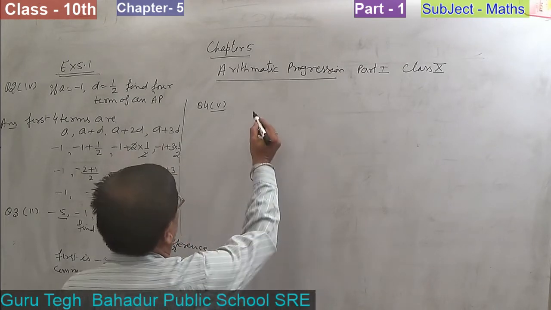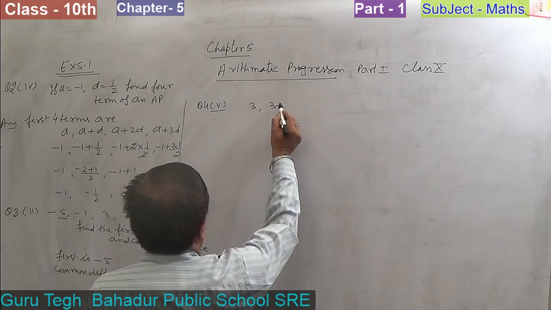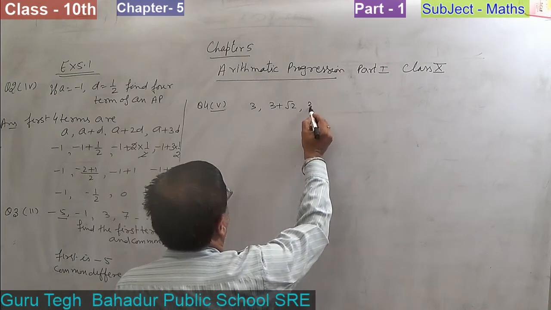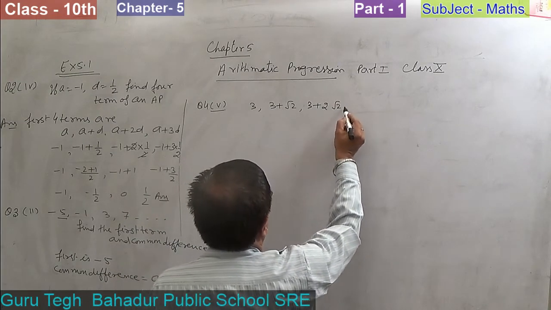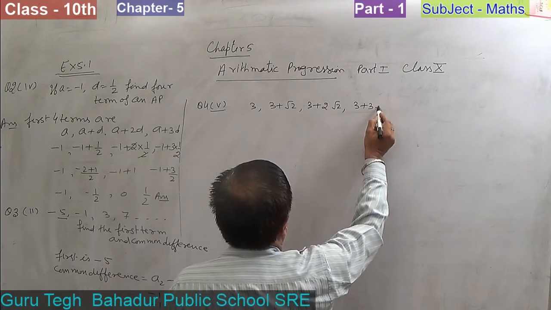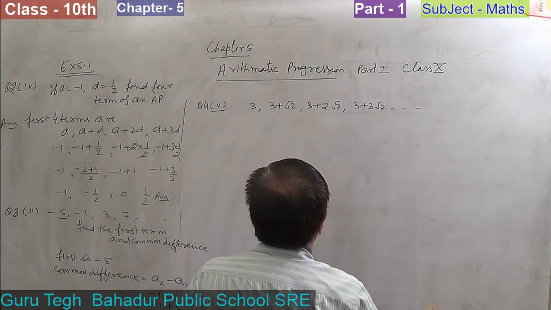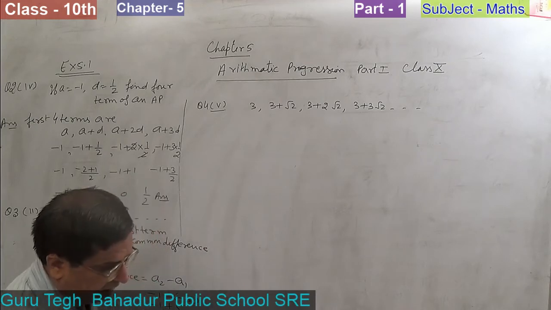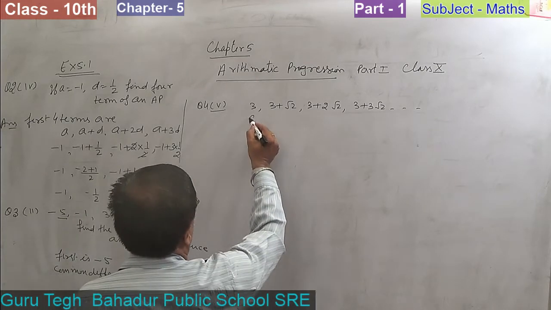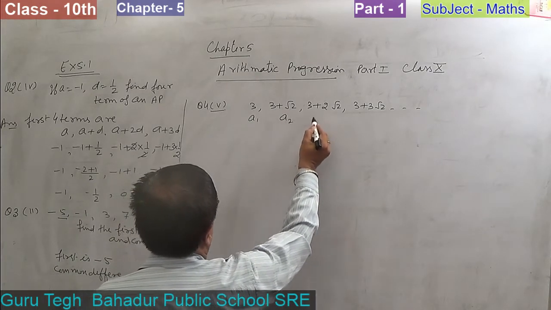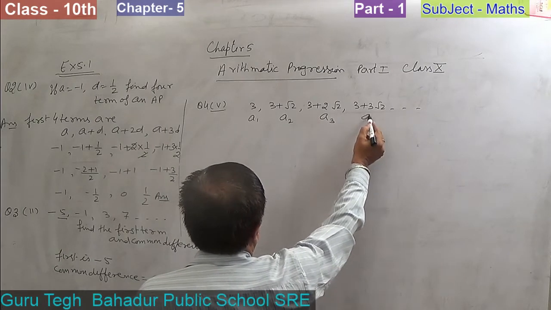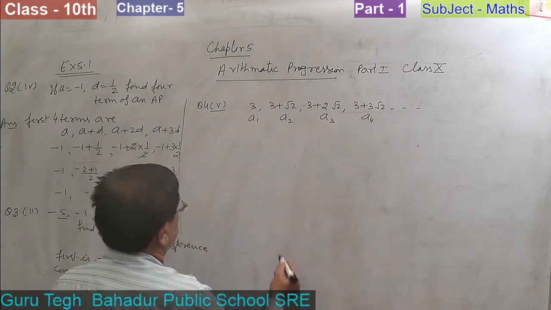Given terms are 3 plus root 2, 3 plus 2 root 2, 3 plus 3 root 2. You see, this is the first term, the second term, the third term and this is the fourth term.